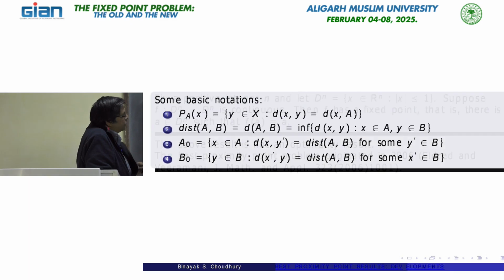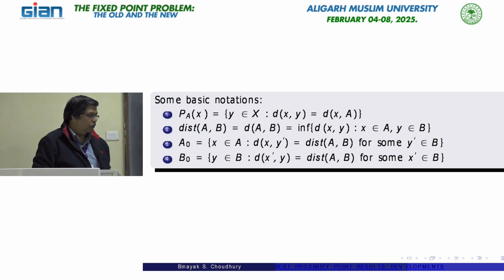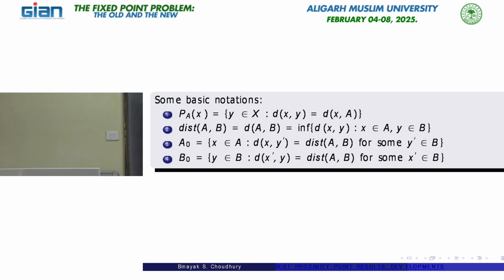So, as you can see, A0 and B0 are two point sets. These will be very important for us. What is A0? You take x in A, and then d(x,y) is equal to the distance of A and B. I will go to the board, and you must all agree that nothing is more comfortable than a piece of chalk and a duster for mathematics people.